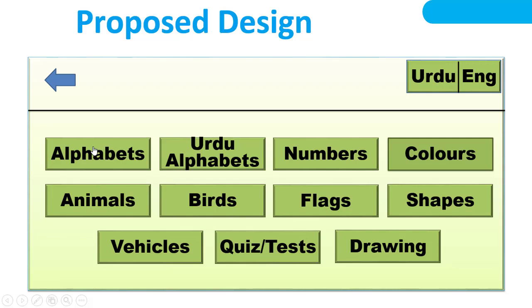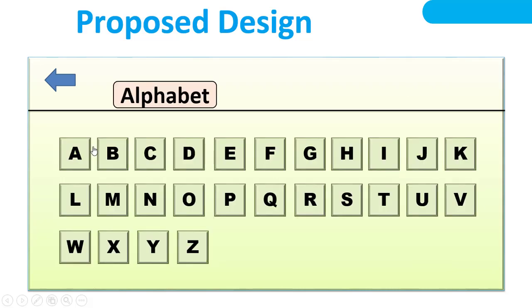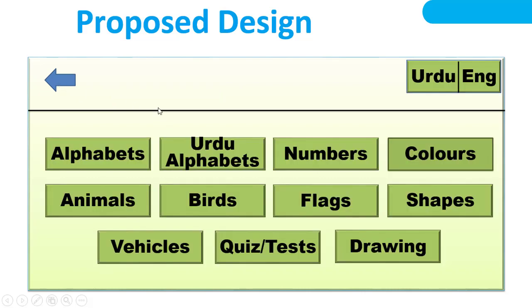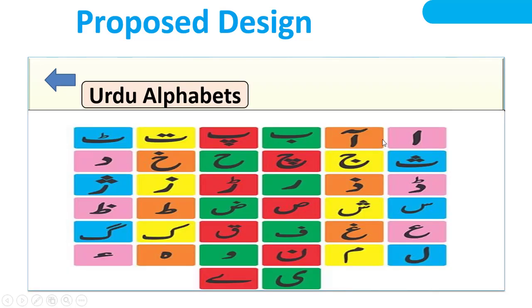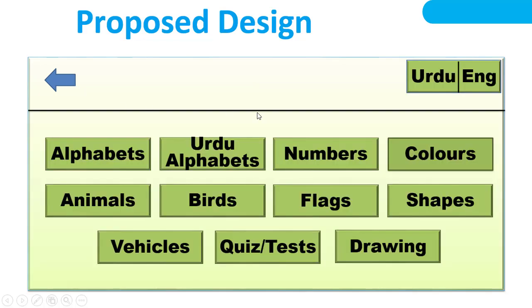See what happens. You'll move to the alphabets like A, B, C, D, E, F, G, H and so on up to the Z. Let's click on the back. You'll move back to your menu. Like on Urdu alphabets, click on the Urdu alphabet. The Urdu alphabets will appear on the screen. Go back with the back menu.